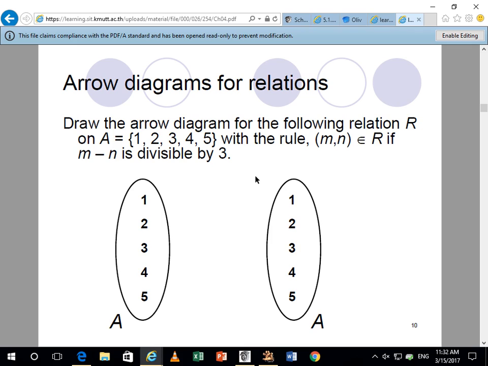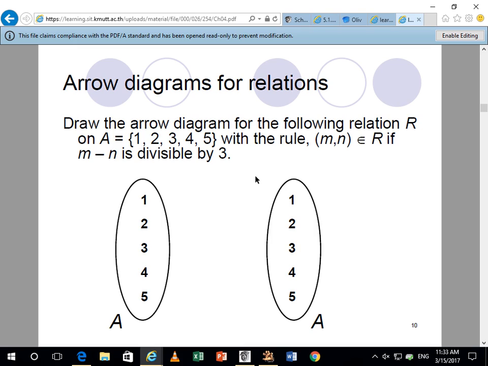Can 1 map to anything else? One can also map to 1. So now which one will you pick? Because if it's a function, one input gives you one output. We have 1 minus 4, minus 3, which is divisible by 3.